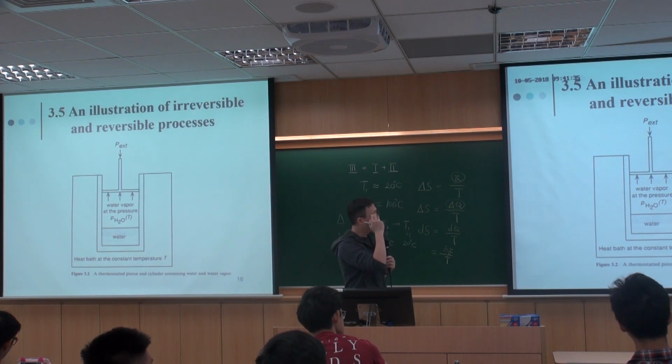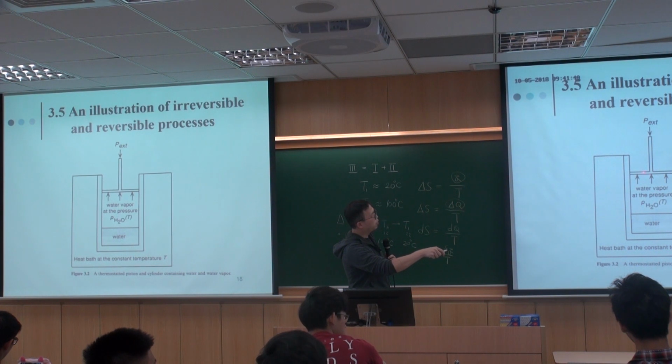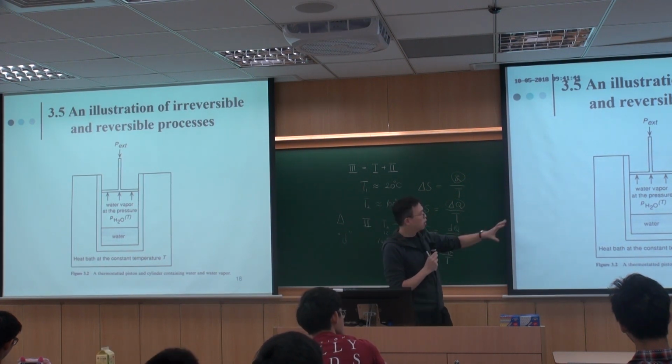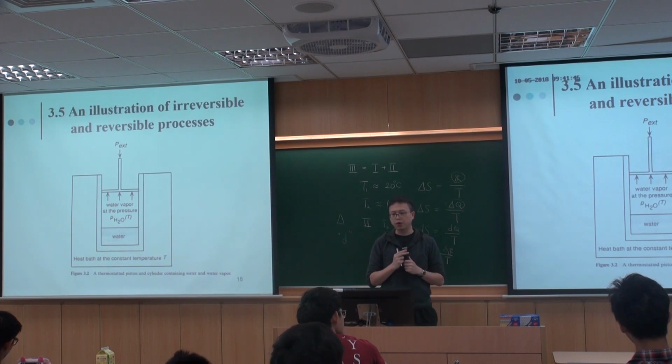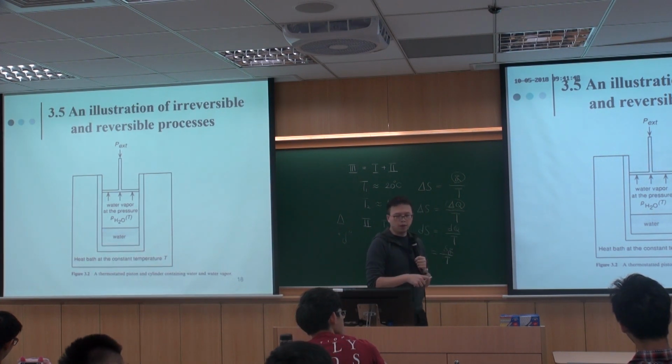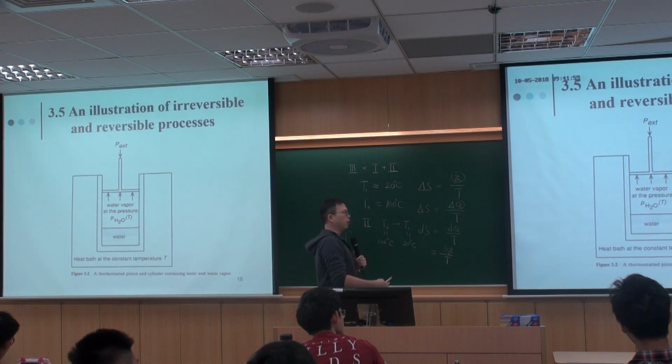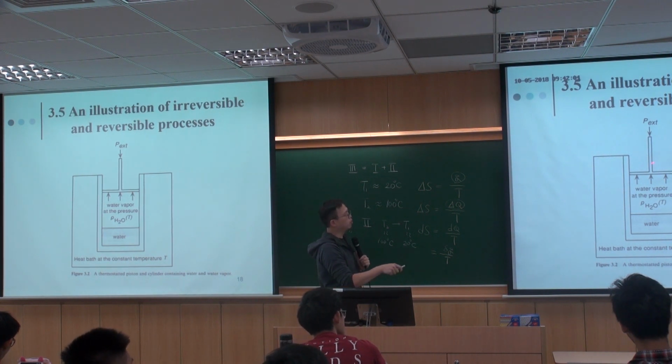If we suddenly move this piston up, and the pressure of the upper part of the cylinder is reduced, then it means that more water in the liquid part can be evaporated into the vapor part, because the saturated pressure has been reduced due to the movement of this piston.